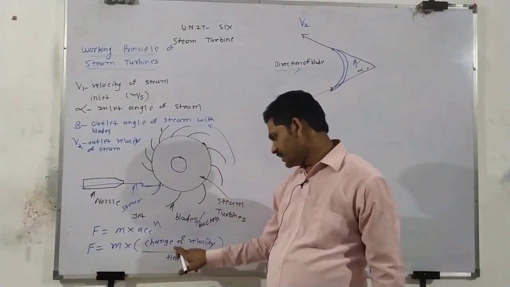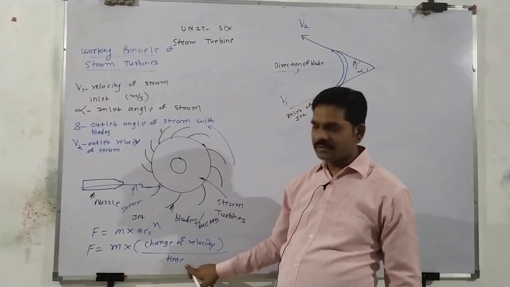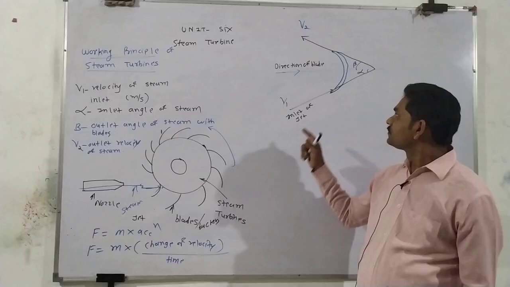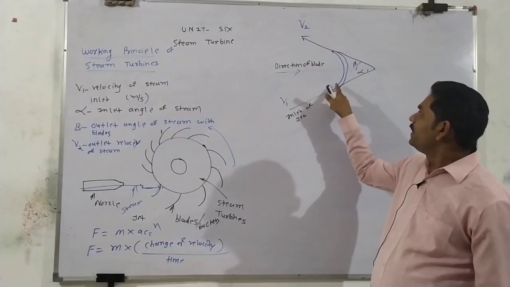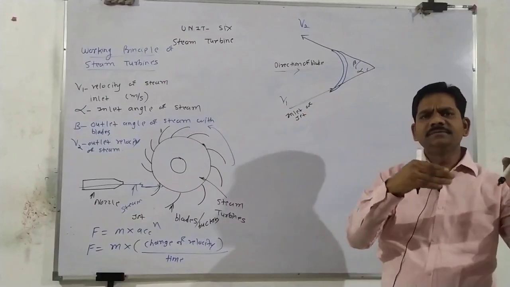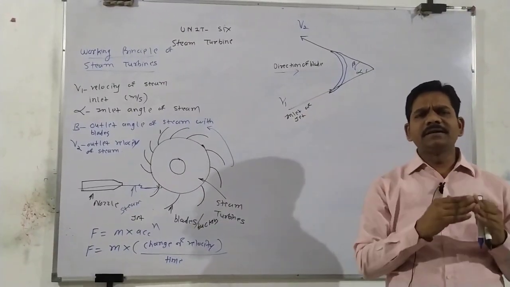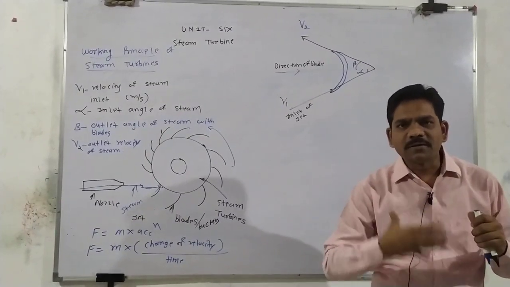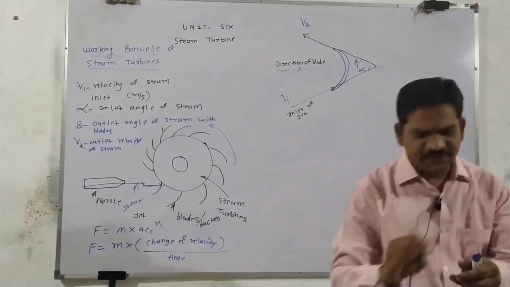So we got this equation: force is equal to mass into change of velocity with respect to time. So this change of velocity means which one? Whenever the steam strikes the blades, after striking there is some whirling velocity for the turbine.